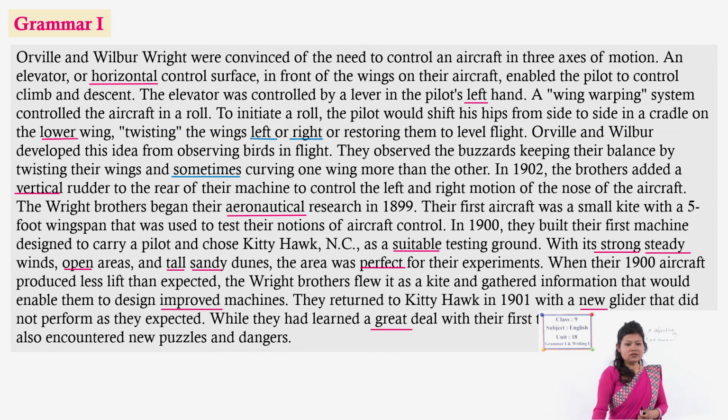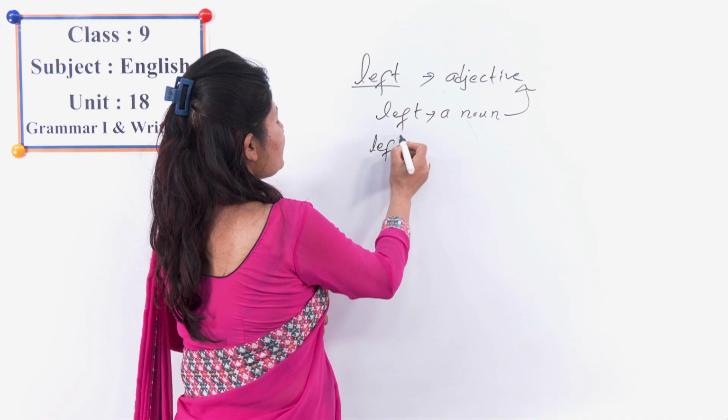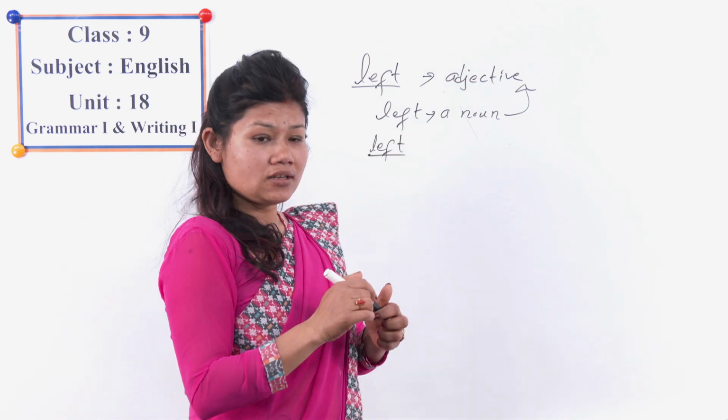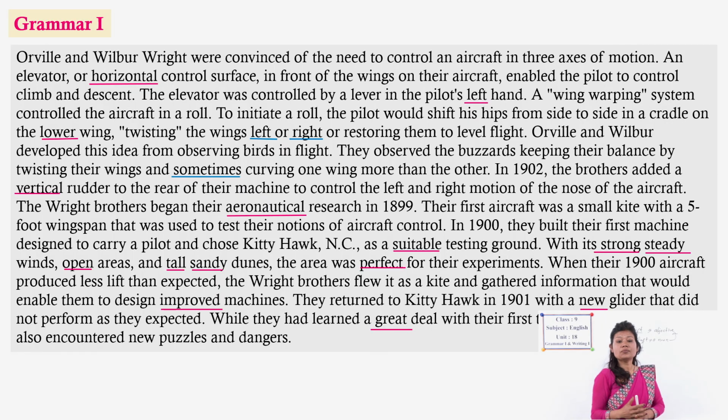And next, look here, lower wing, this lower is also an adjective, we know it. Go on reading: twisting the wings left or right. Here is again left, but I have colored it with a blue line. Why? Blue line is for adverbs. Here this left is an adverb because it does not modify a noun; it refers to a position.